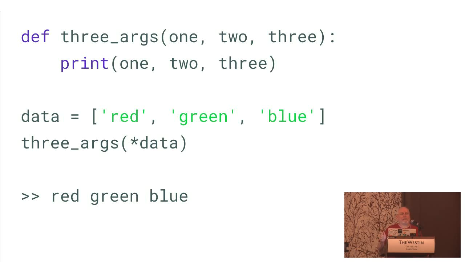It will unpack the list and map them onto my positional variables. So rather than having to call the function and say, once again, indexing, data 0, data 1, data 2 to get that list mapped onto my function, I can just use this syntax. It will unpack the list, map them in order to those arguments.